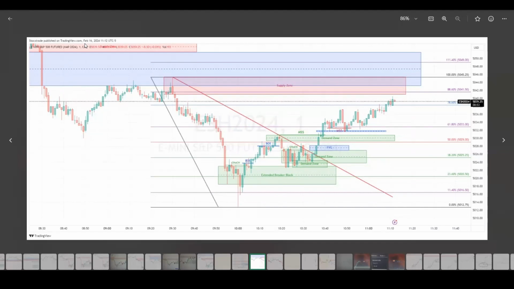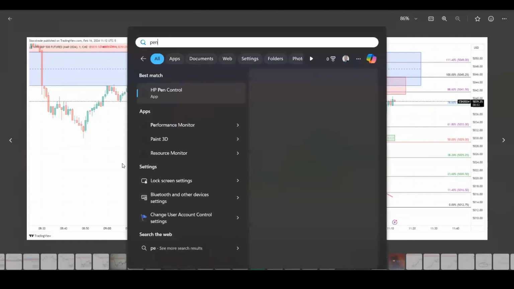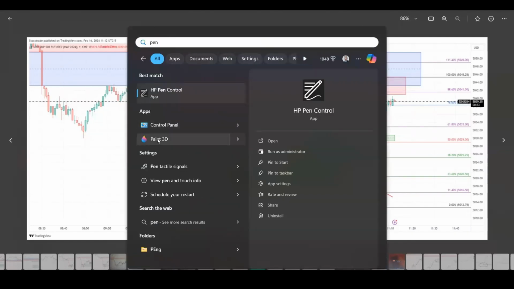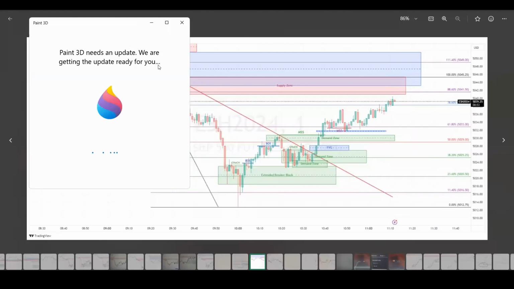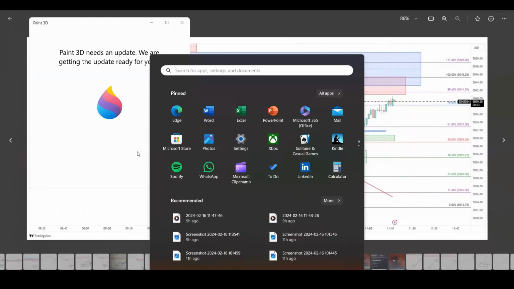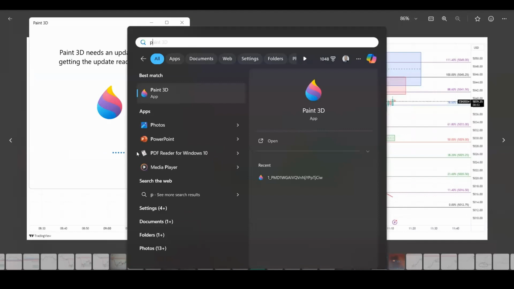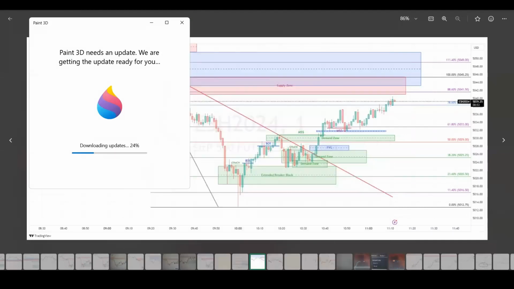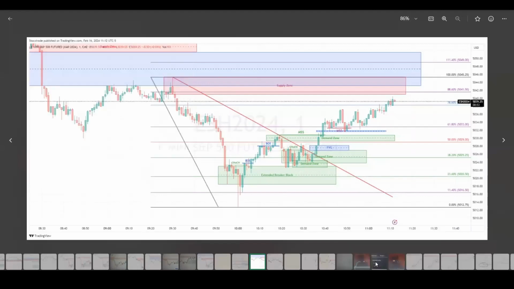Can I draw here with the pen? Actually, my pen is not charged.